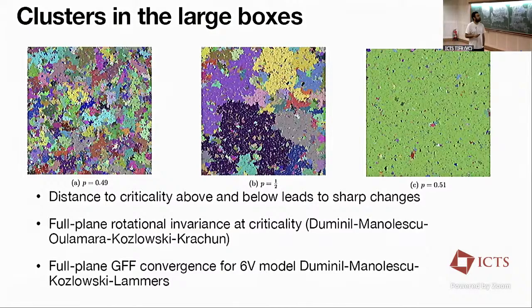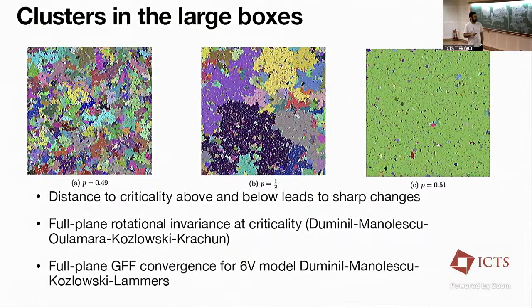Now we will focus for one or two slides on what happens exactly at this critical picture. What was proven in a paper which dates back four or five years ago is that if you pass to the full plane and look at this picture, you get something which is rotation invariant in the limit. And as Johan discussed, in joint work with Piet and Carol, you can construct a 6-vertex model out of this critical model.